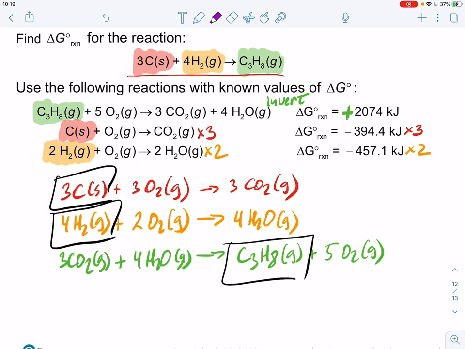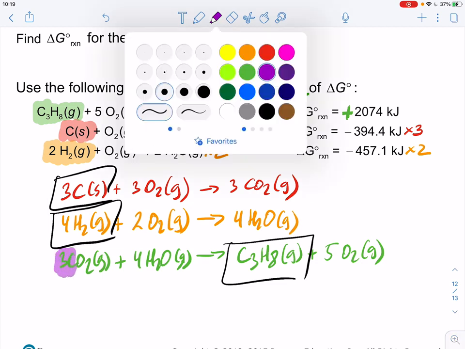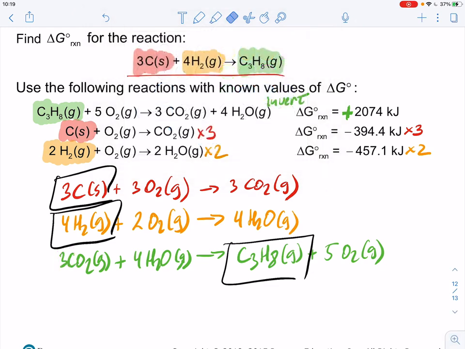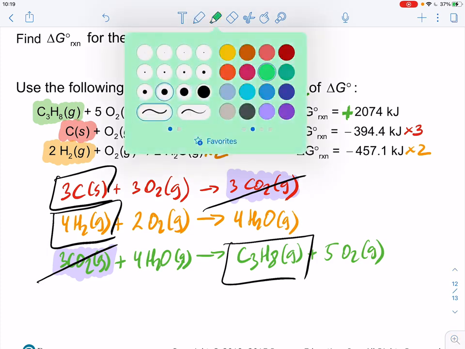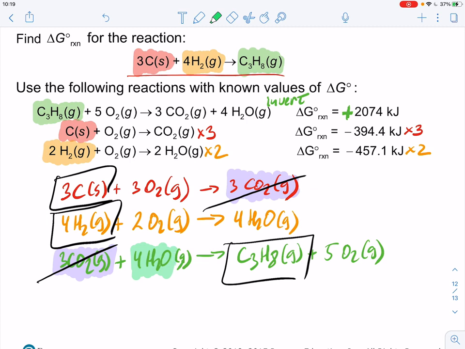Now let's go a little milder here. So we have 3 CO2s here as a reactant, and we have 3 CO2s here as a product. So we can cancel them. We have 4 waters here as a reactant, and we have 4 waters here as a product.